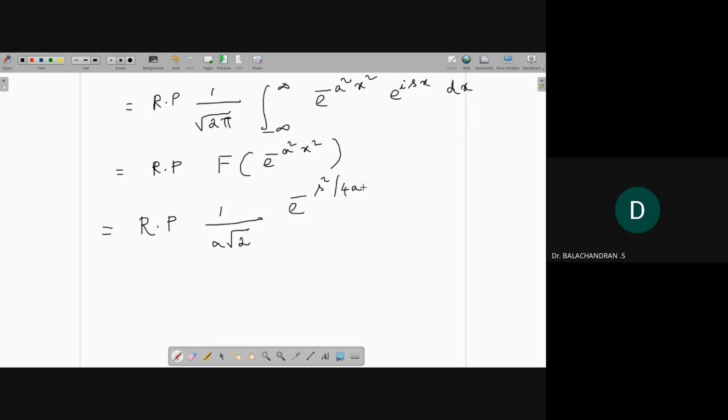But in the examination, you need to derive it again from here. I checked the result once again and got the same answer: the Fourier transform of e power minus a square x square.